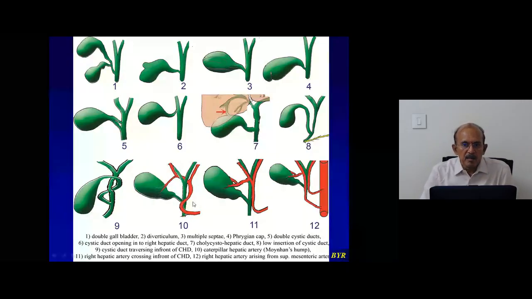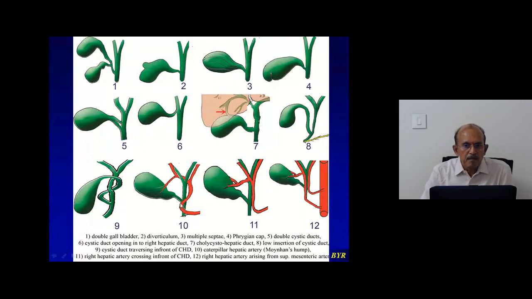Then these are the anomalies with the arteries. The right hepatic artery normally goes straight on the left side of the common hepatic duct. Sometimes it turns and crosses in front of the hepatic duct, forming a loop here, and then goes on normally. This gives something like a caterpillar appearance. This is called the caterpillar hepatic artery, also called Moynihan's hump.